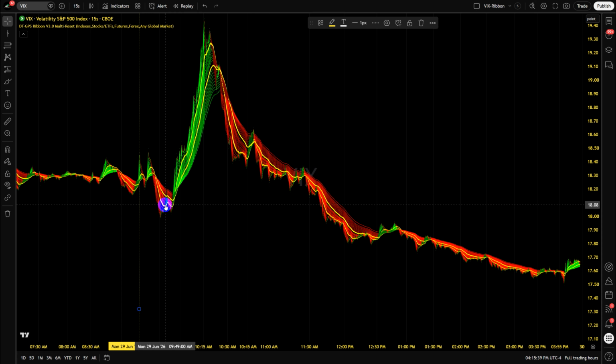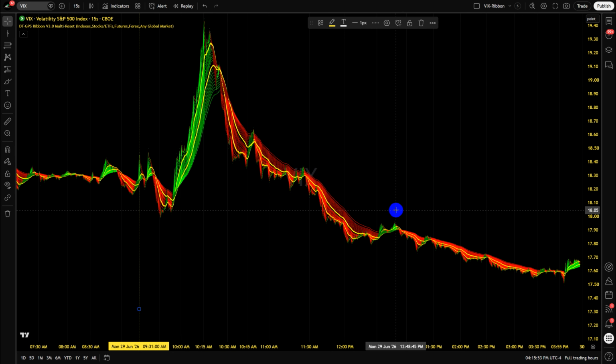However, in most cases, when the VIX is spiking up, it's generally a move down. And when the VIX is going down, generally we're moving up or moving sideways.